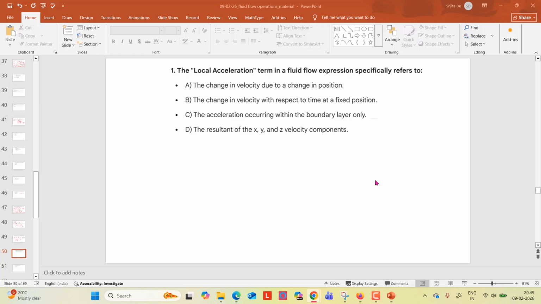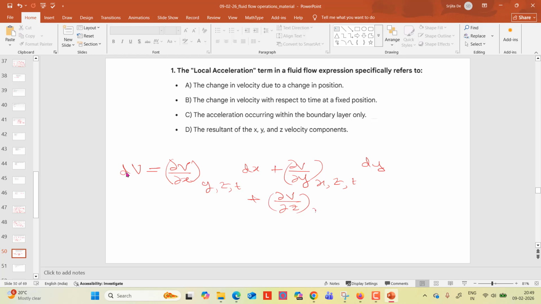From the definition itself it is clear that when we write dv, this is del v del x at constant y, z and t dx, plus del v del y at constant x, z, t into dy, plus del v del z at constant x, y and t into dz, plus del v del t at constant x, y and z, so this term finally into dt.